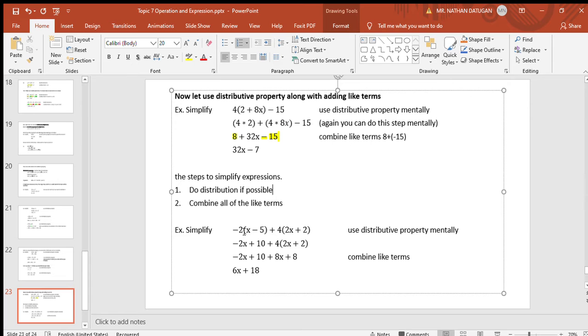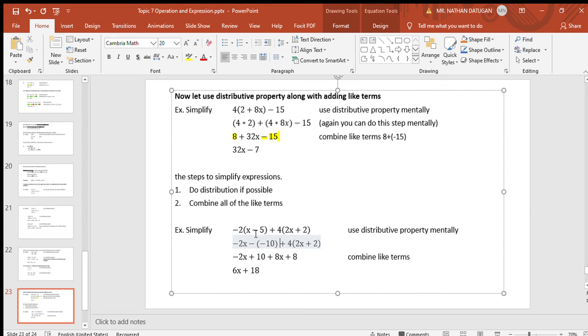So again, we're going to distribute negative 2 to all the terms inside of the first parentheses. Negative 2 times x will give you negative 2x, and negative 2 times 5 will give you negative 10.